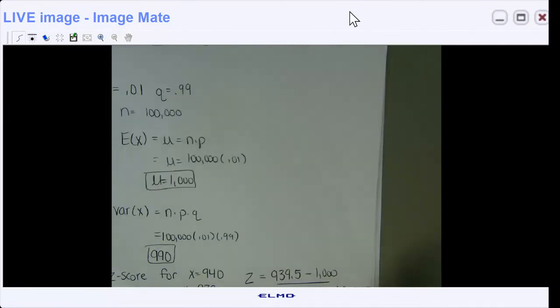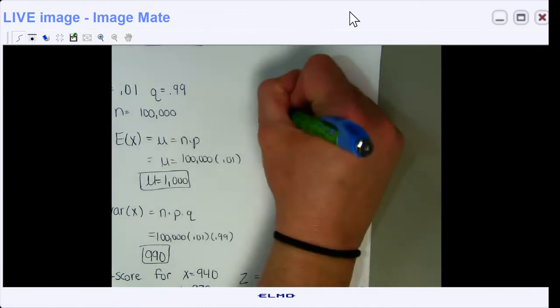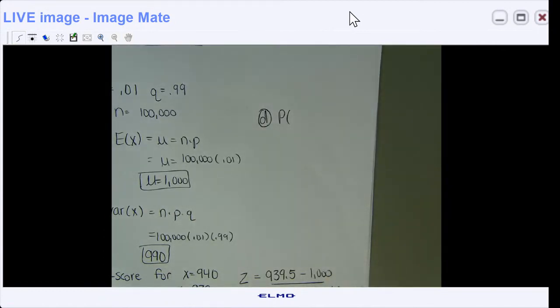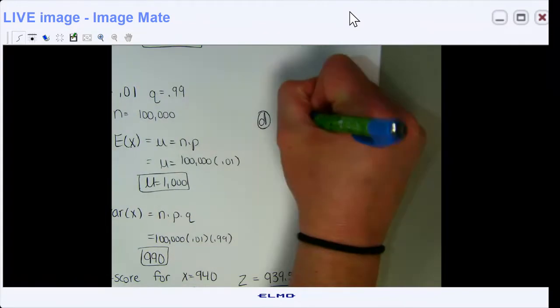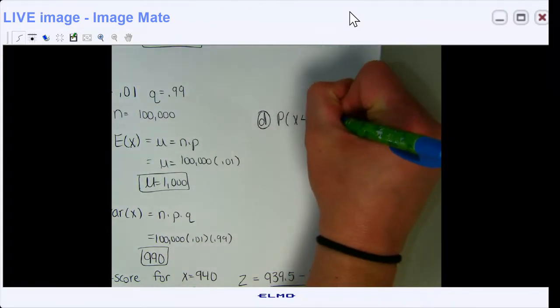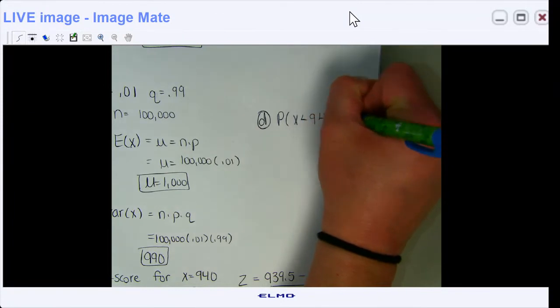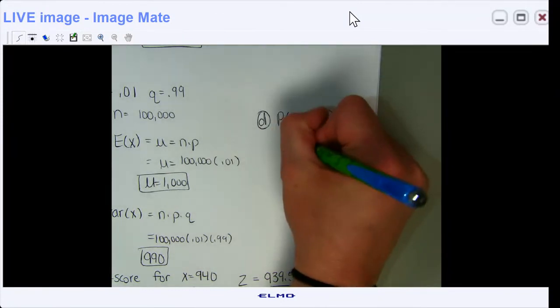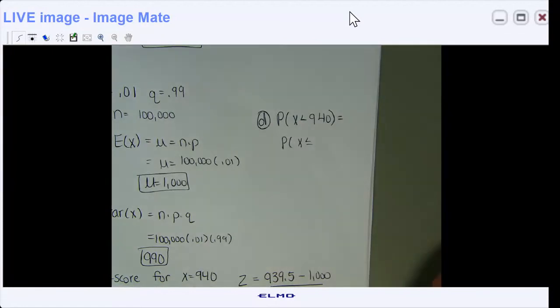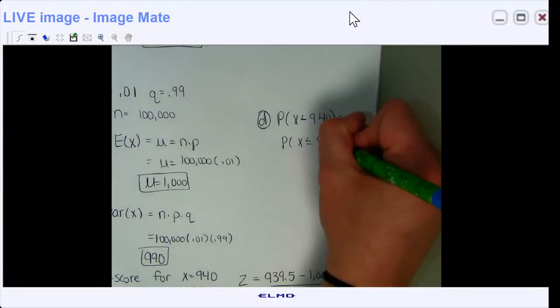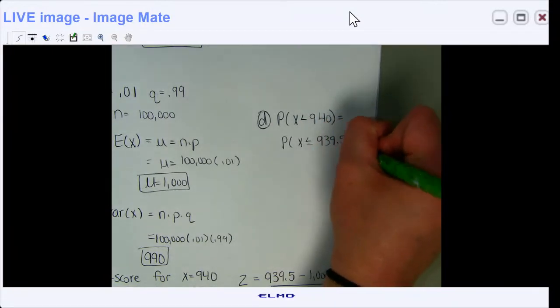So then part D says, find the probability that fewer than 940 patients in a sample of 100,000 will experience serious post-laser vision problems. So finding the probability that fewer than 940, which means we're actually doing less than or equal to 939.5.